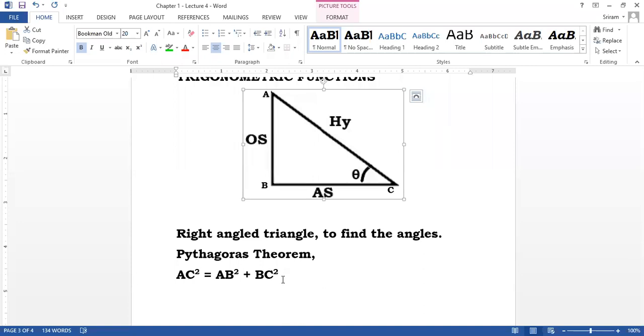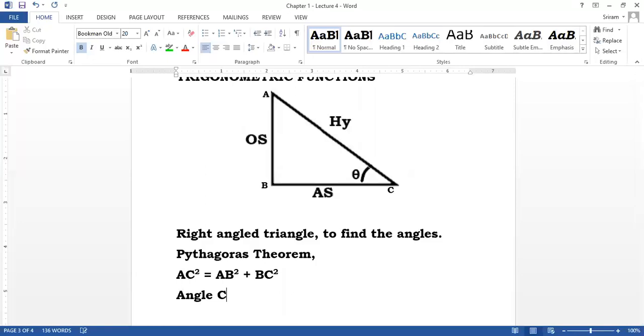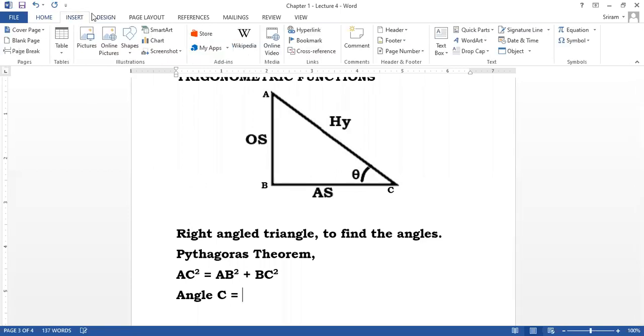You know that very well. If I define theta here in place of C, in this problem, we have defined theta at angle C. So angle C is theta.